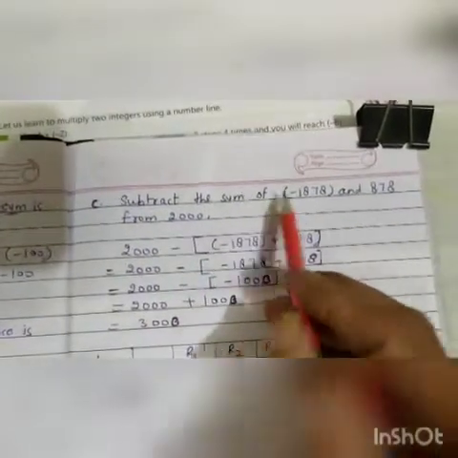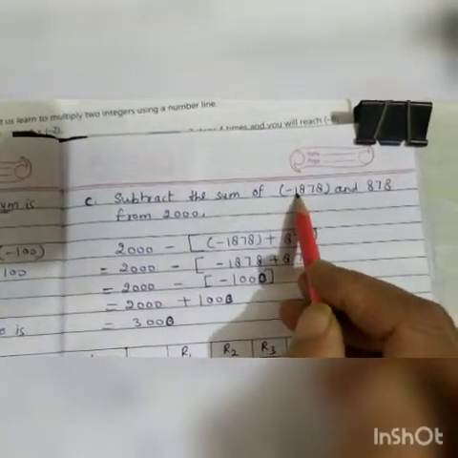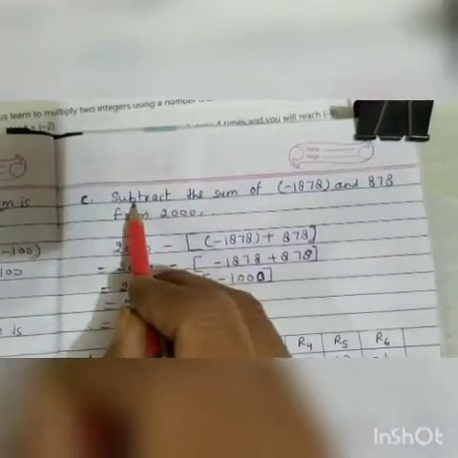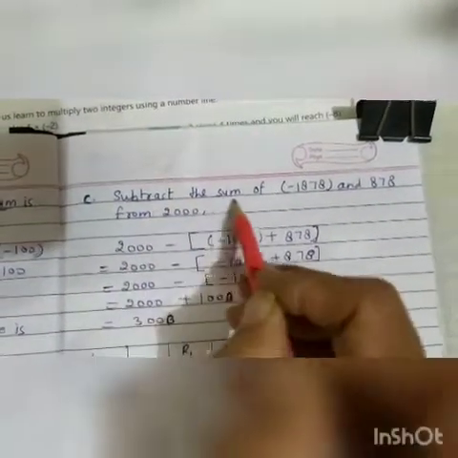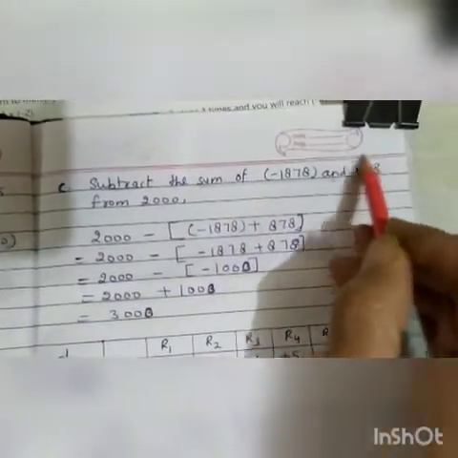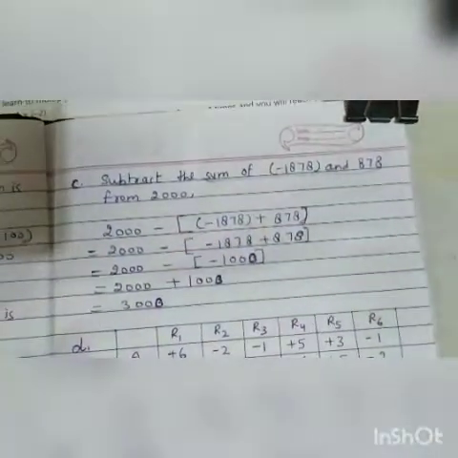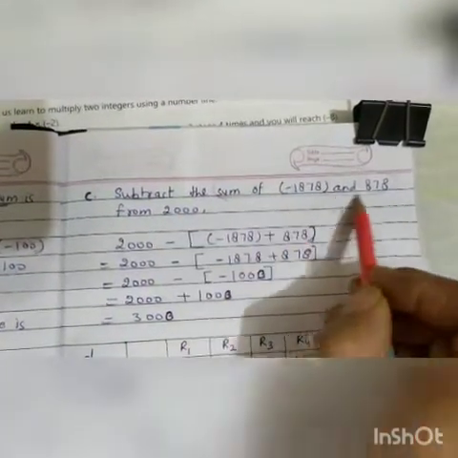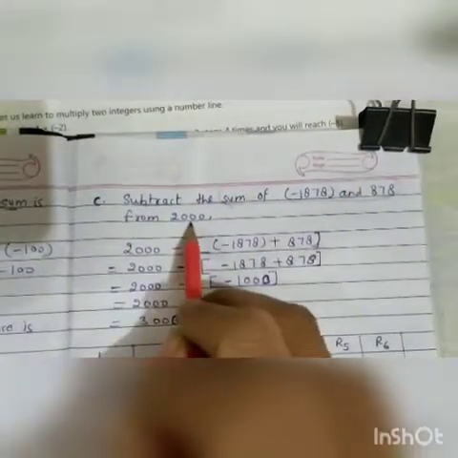Subtract the sum of minus 1878 and 878. We have to subtract what? The sum of these two integers. We have to subtract the sum of these two integers from 2000.